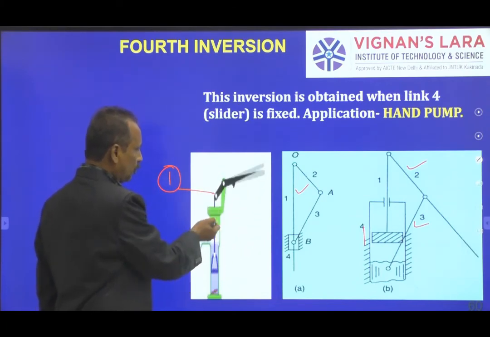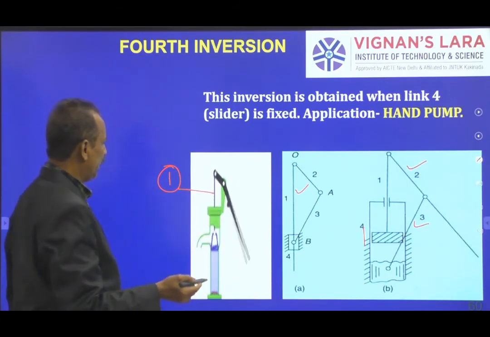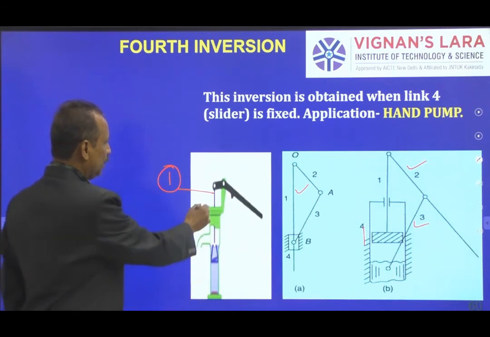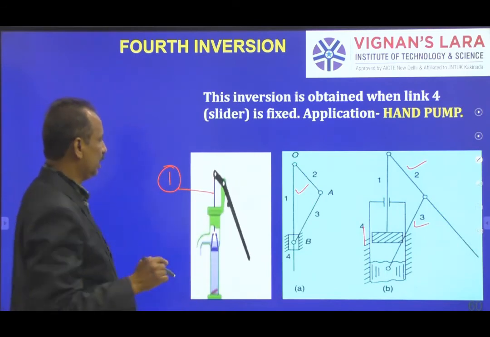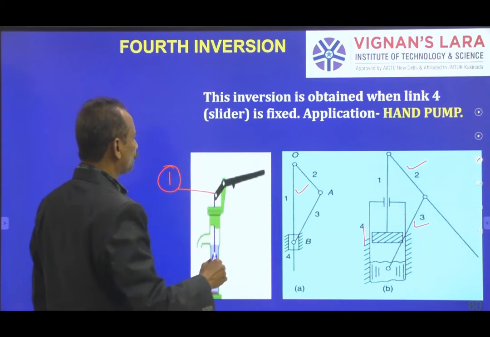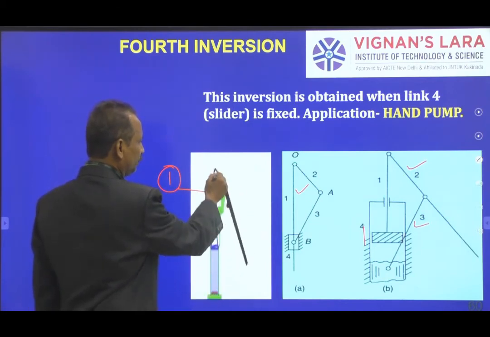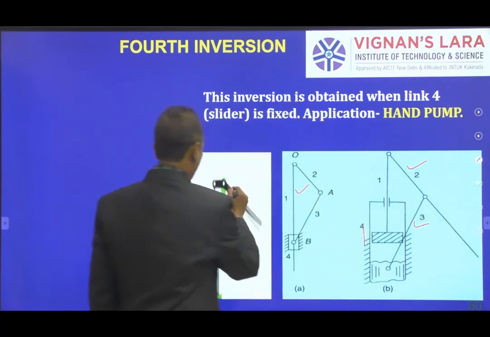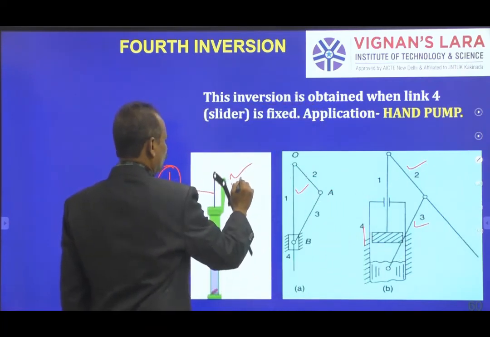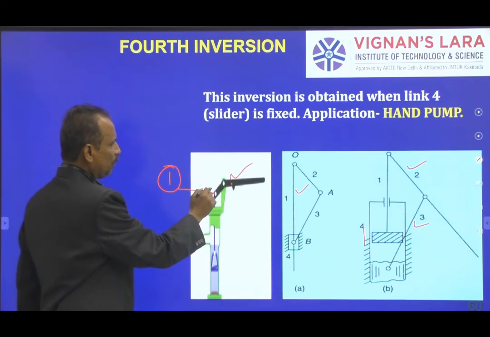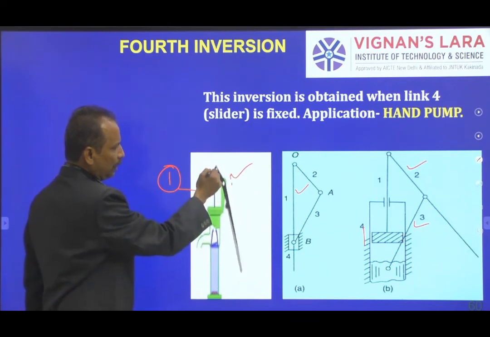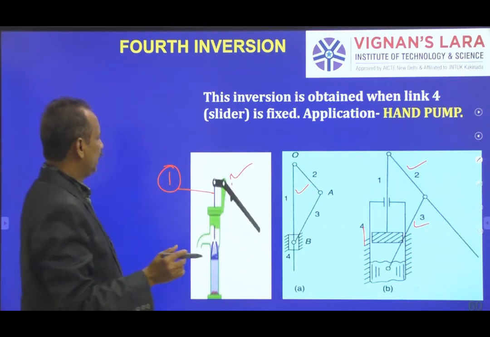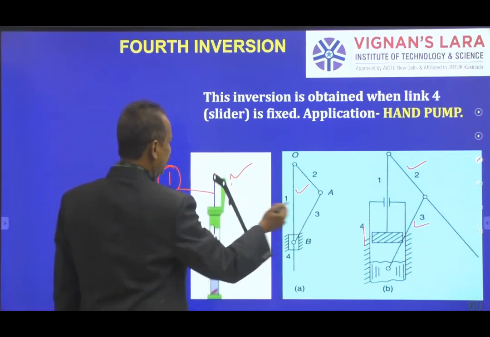There is no relative motion between them, so that is why they are made in different colors. Look at the colors: this color is a single link. Then this is the lever, exactly this one. There is no relative motion in this entire lever, that is link 2. Then the third one is this one.